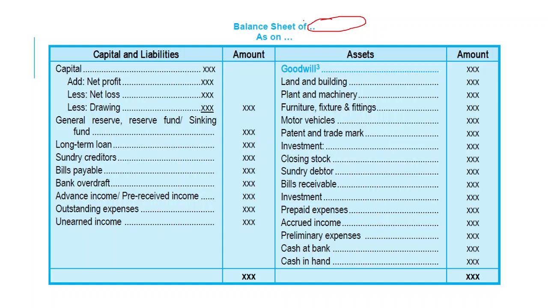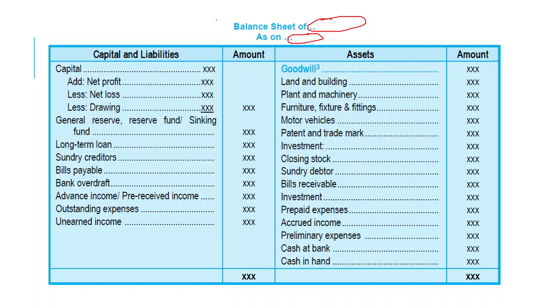Balance sheet of, suppose, XYZ company. Balance sheet of Amrit Furniture. This is what is recorded at the top, and then comes "as on", which is the date on which the balance sheet is prepared. This is the date of preparation of the balance sheet.